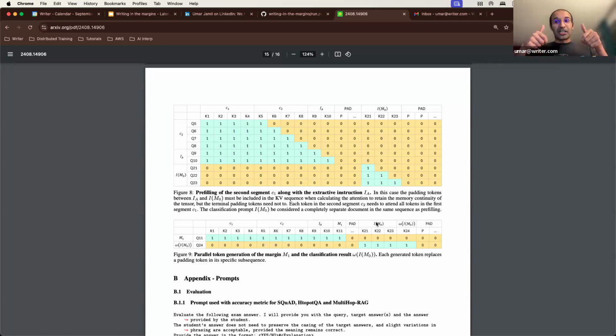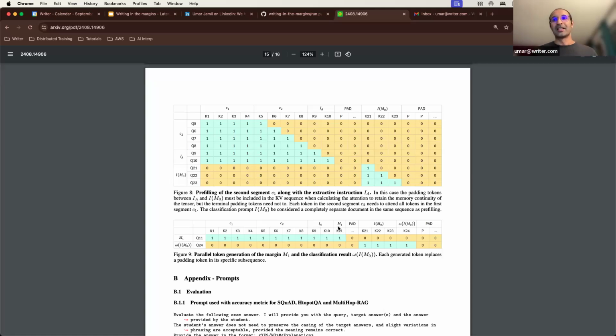And then during the token generation step, so this is the prefilling along with the instructives, the prefilling of the second segment. After we have prefilled the second segment along with the first generated margin, we can generate the tokens of the second margin, but also classify the first one, which we already obtained in the step before. So we are generating two token sets here in the token generation step in the same request now.